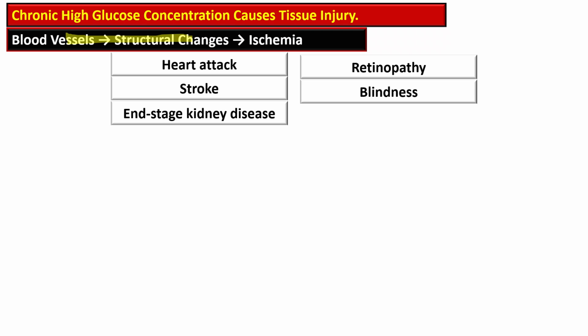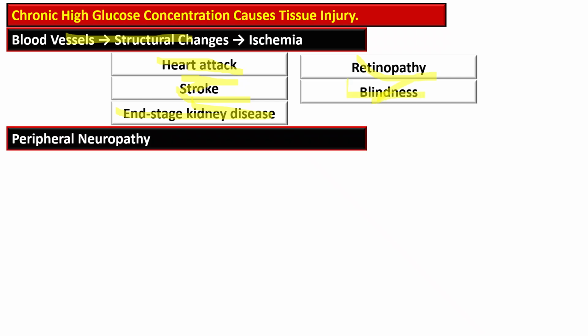The major complications occur: heart attack, myocardial infarction, stroke or cerebrovascular accident, and end-stage kidney disease, that is diabetic nephropathy, retinopathy, and blindness due to damage to the eye blood vessels.